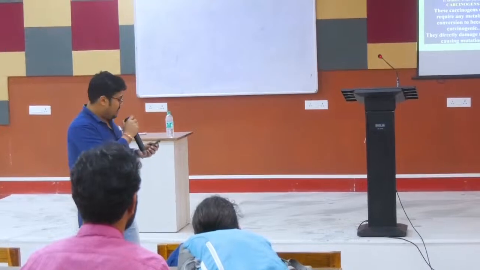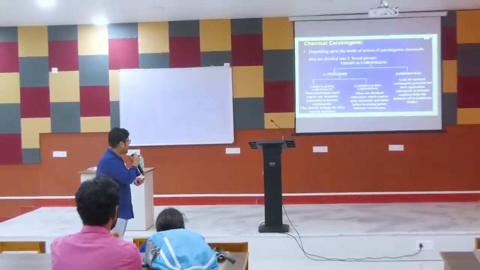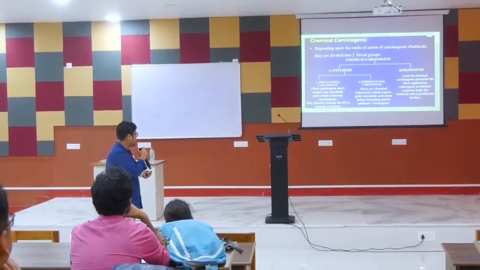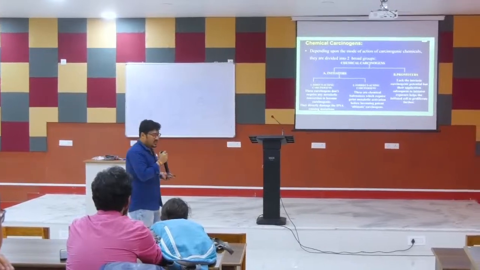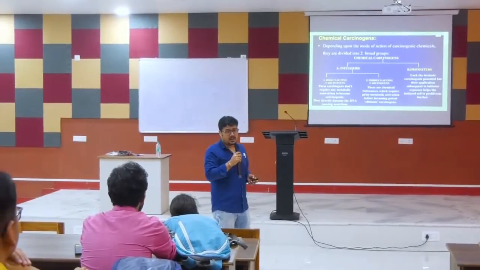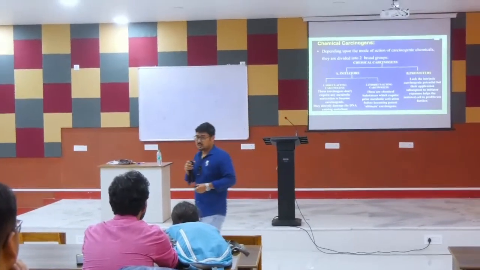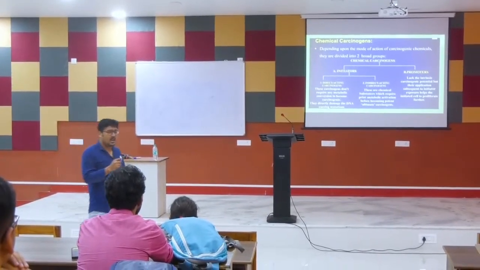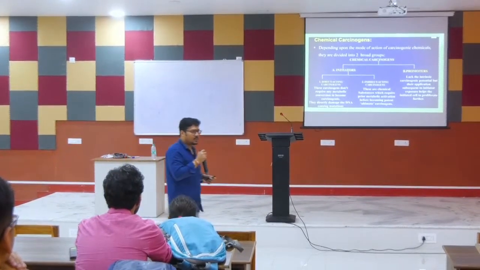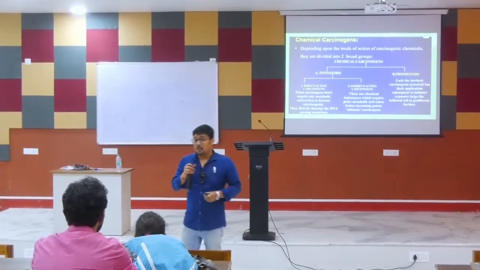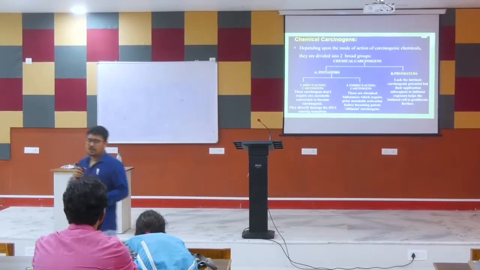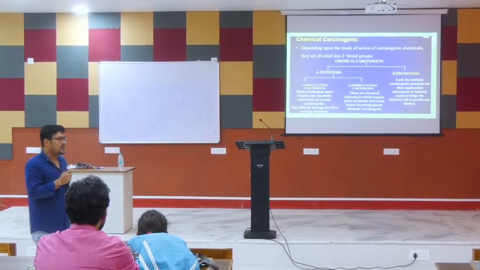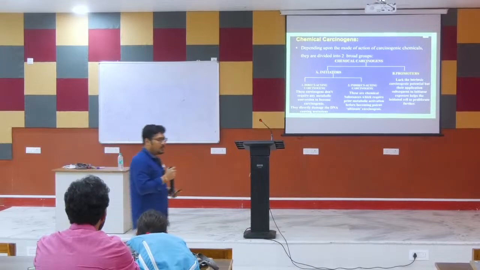So, it is classified as initiators and promoters. The initiators are a group of chemicals that initiate the mutation. Okay? Upon acting on the naive cell, they start or initiate the process of carcinogenesis. So, they are called initiators. And the second group is promoters.